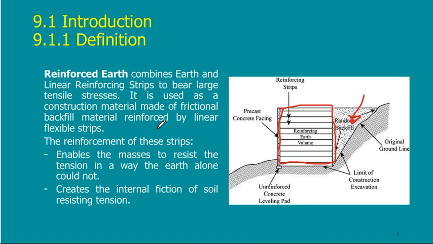If I need bigger wall, what I'm going to do, I'm going to increase the width. I'm just going to add to the wall a portion like this. If I add a portion like this, then my wall will be more stable, and so on. So this is what a reinforced earth system looks like.